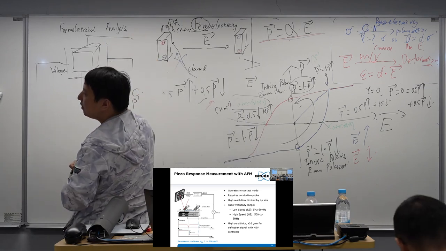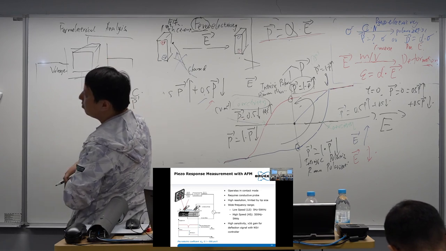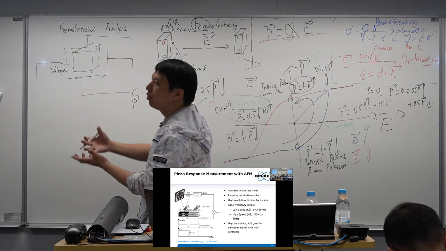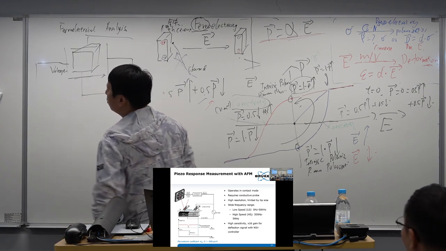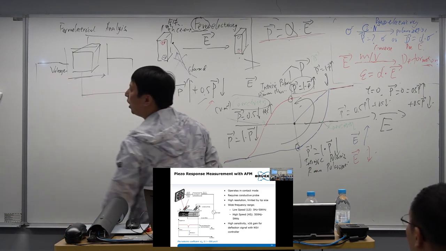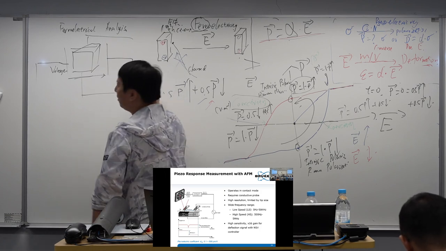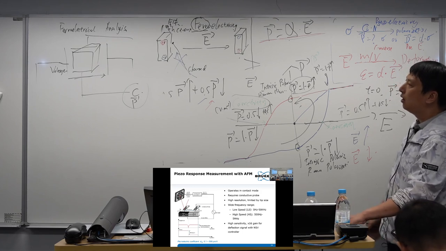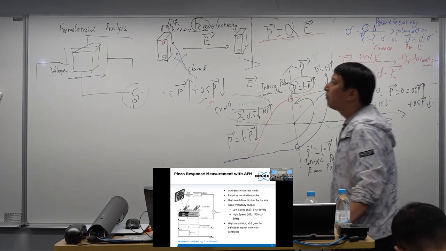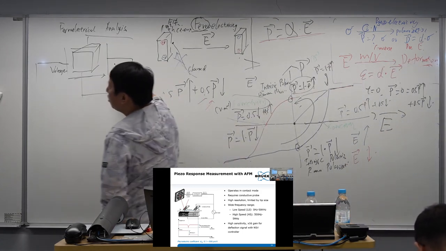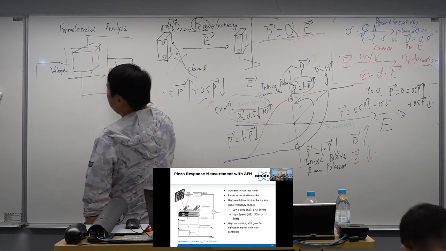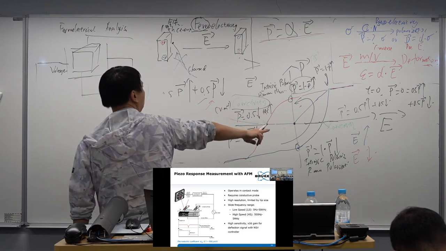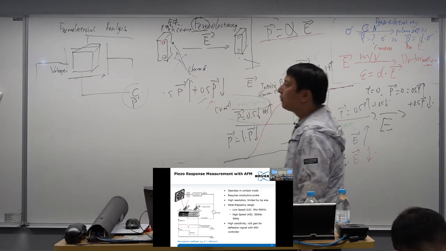So this machine has just a large chamber, and then you have a controller to control the voltage, and a controller to read the capacitance, something like that. It's relatively easy, a straightforward machine, and that's one way to study ferroelectricities. With that, you can directly get the hysteresis loops.